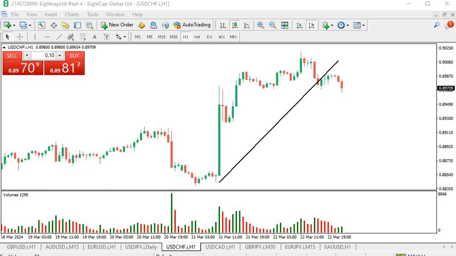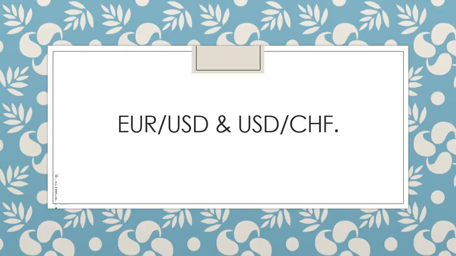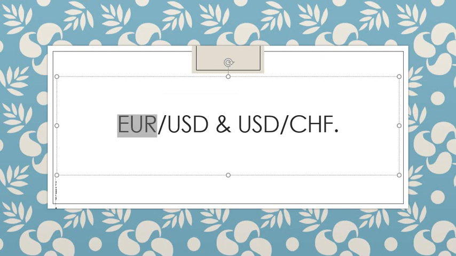So now let's get back to the title page again to explain it better to you. As I have explained in my previous videos, the first currency in a currency pair is the base currency. The second one is the quote currency.